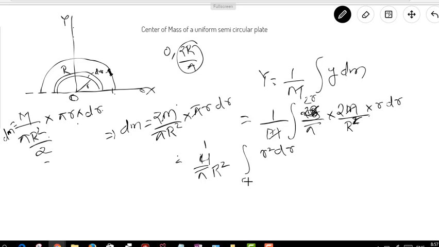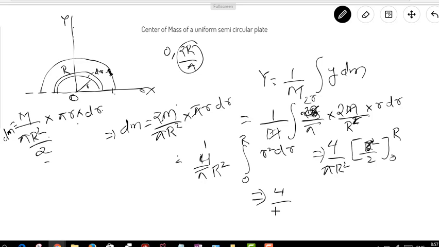If we integrate it over 0 to r, then the value will be 4 by pi r square into, sorry, it's already r square, so this will become r cube by 3.